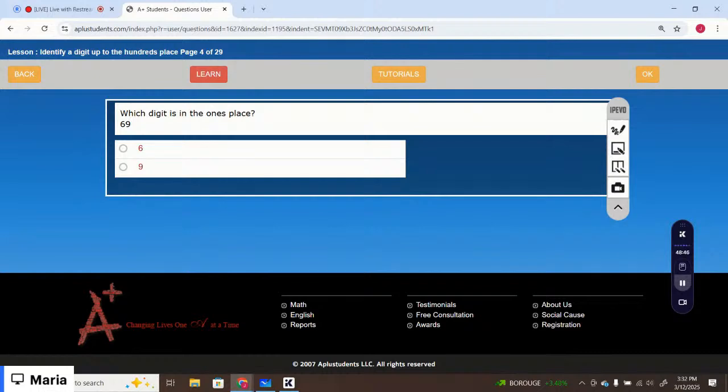Which digit is in the ones place, which is the correct option? Nine is at the ones place.